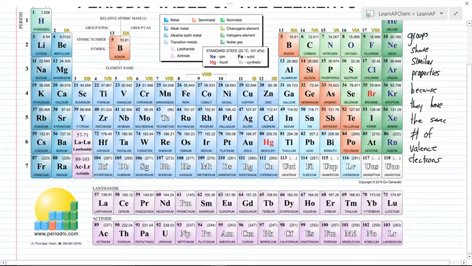As we go down the group, we're going to have the same number of valence electrons, and that leads to similar properties.